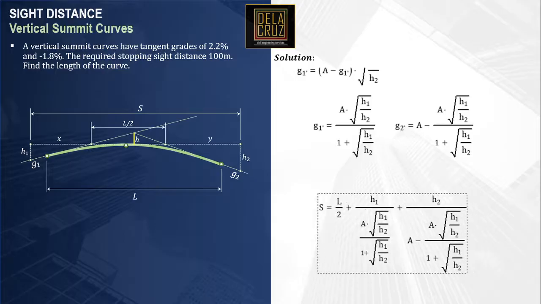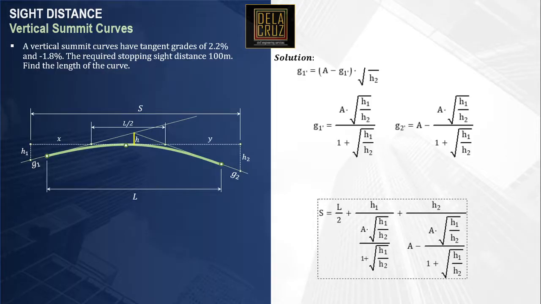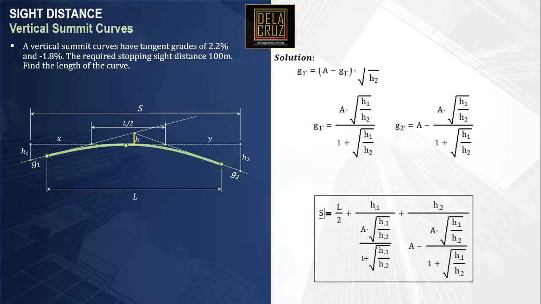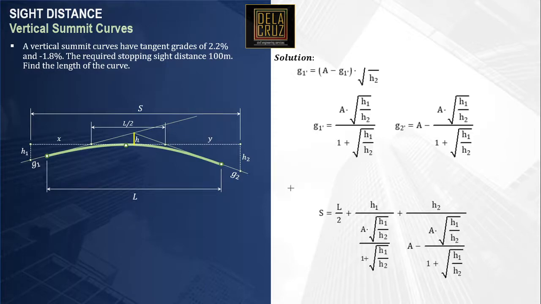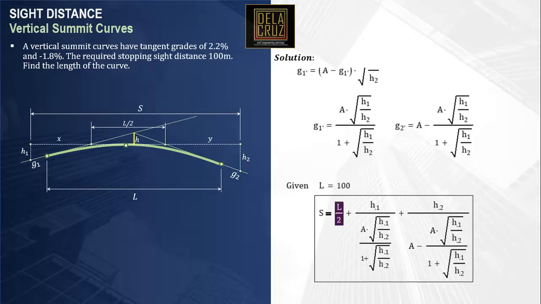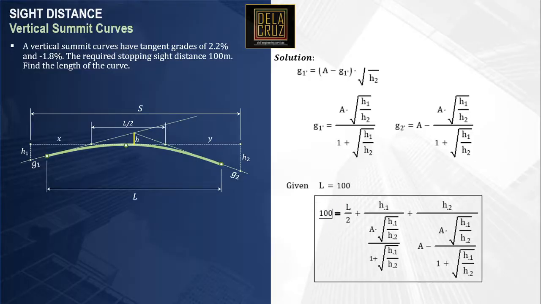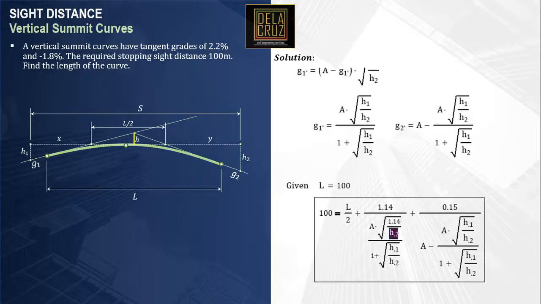So this is how long you do it if you solve this manually. So here we can now find our L. I'll just have here as our given. Again, I'll just assume any value of L here. Then our S is 100 meters. H1 is 1.14. H2 is 0.15.